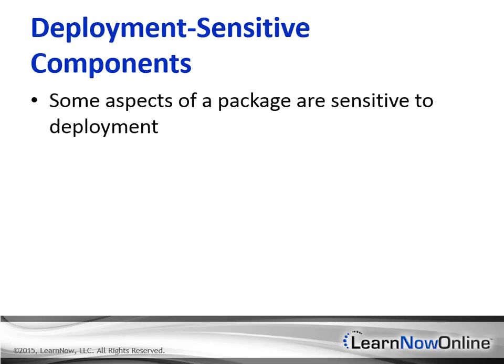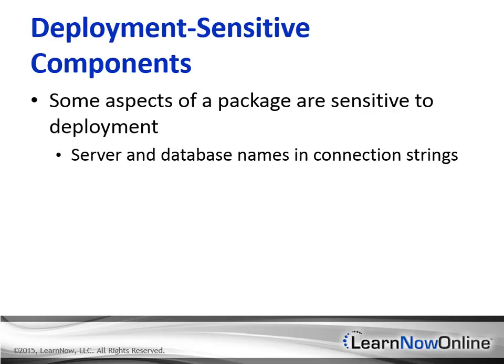Certain aspects of an Integration Services package are sensitive to deployment and the target environment. These are the properties and settings that depend on the environment in which they reside, that you'll need to change when deploying to a new environment. Some of these deployment-sensitive components include server and database names and connection strings.